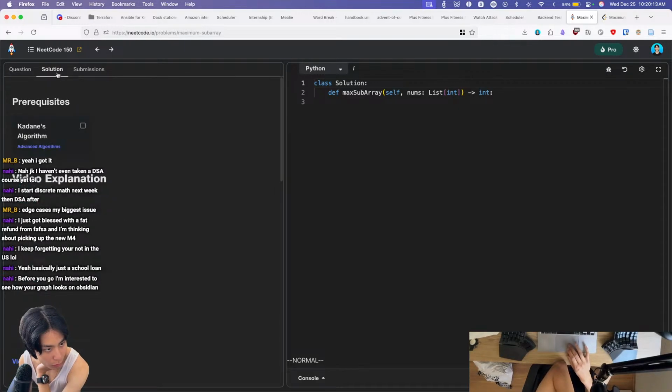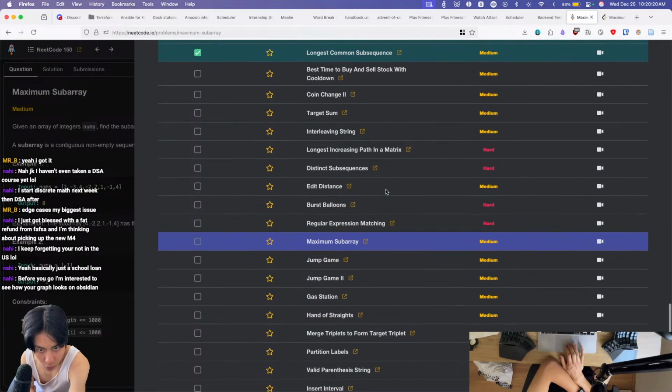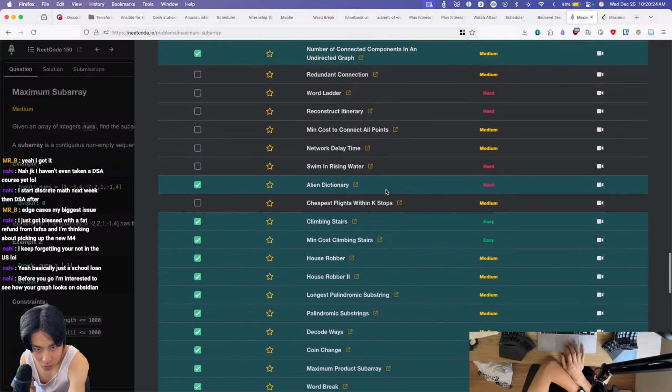Okay, so Kadane's algorithm. All right. Regardless, if it comes up twice, it means you have to do it. So I believe maximum subarray should be here again.